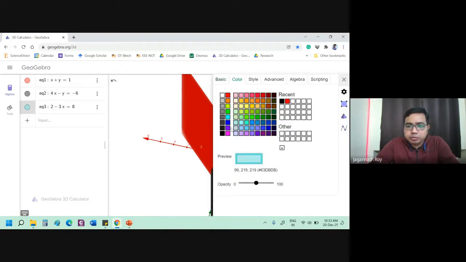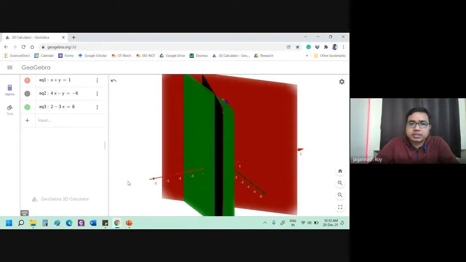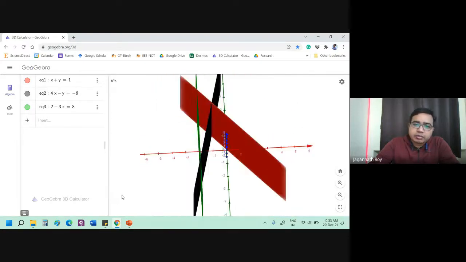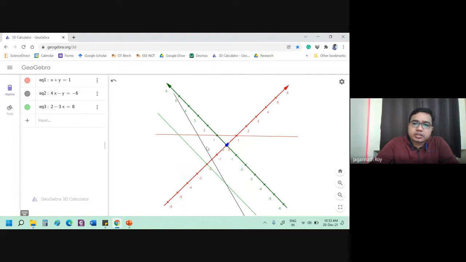So this is a very useful website where you can play with your problem, plot some graphics, and other things. You can see here now that only two planes at a time are intersecting. So if you view it in a three-dimensional plane, not all the three are intersecting.